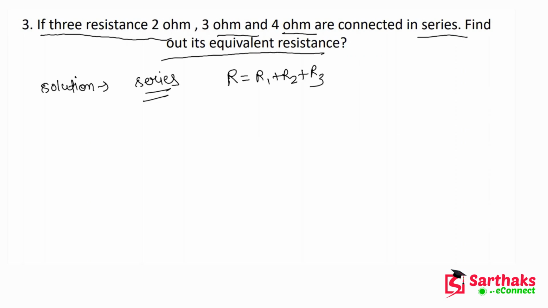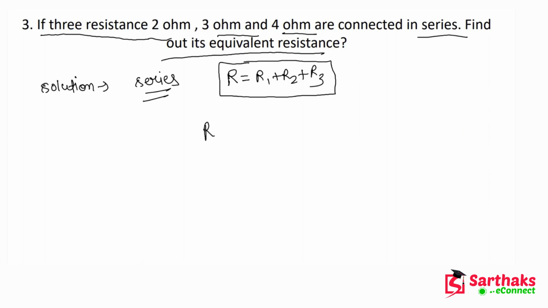Had it been 4 resistances, I would have written R4 as well, but because only 3 resistances are given, I wrote this formula only for 3. You can also cut it short and remember that whenever resistances are connected in series, you simply add these resistances and you will get the equivalent resistance.